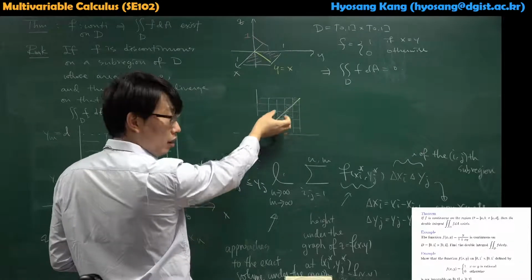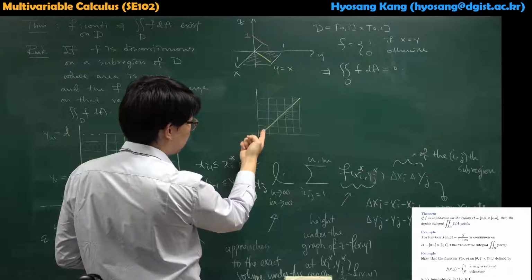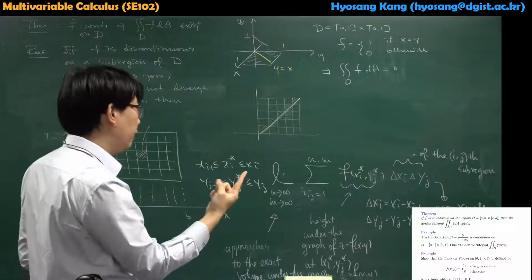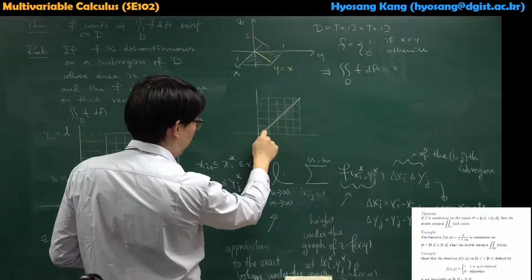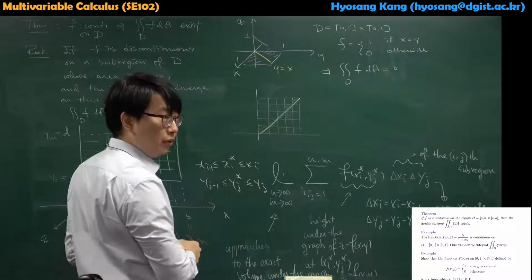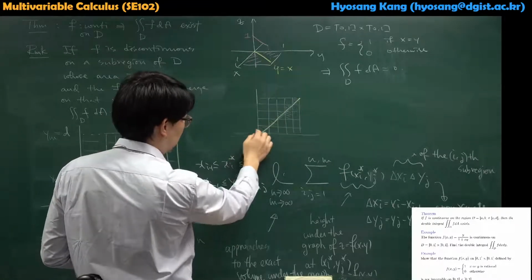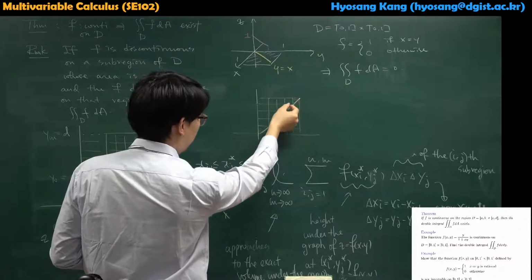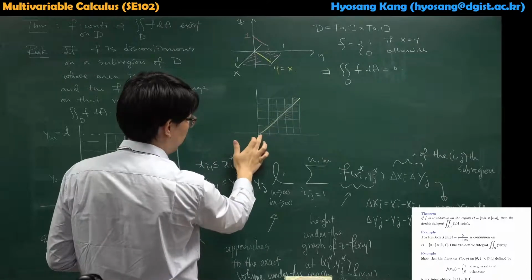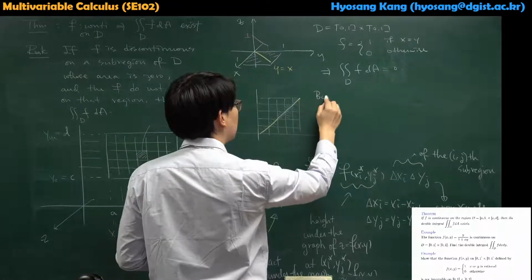But if I take smaller and smaller regions, even if I take the point on the yellow line which gives me a height 1, the sum of the areas of these subregions becomes 0, because the line could be covered by smaller and smaller subregions. So the sum of the areas of subregions goes to 0.